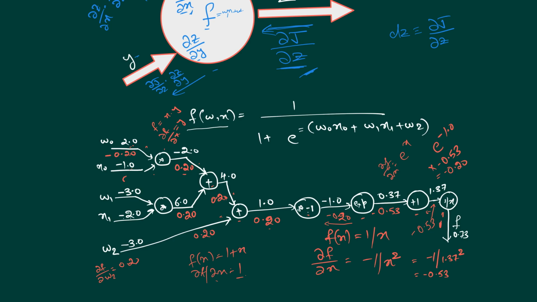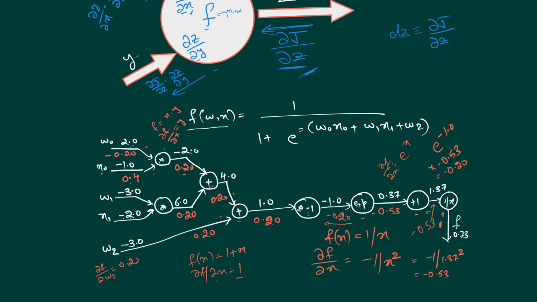So we get 0.4, which is the gradient of the bottom branch. So finally, out here also we now have del f by del x0, and here we have del f by del w0, and this is what we wanted to calculate.